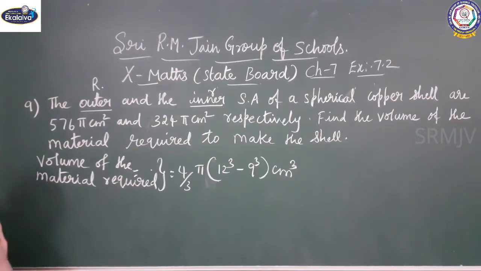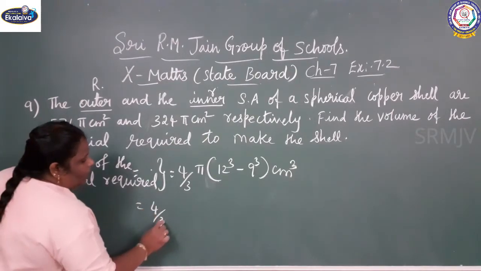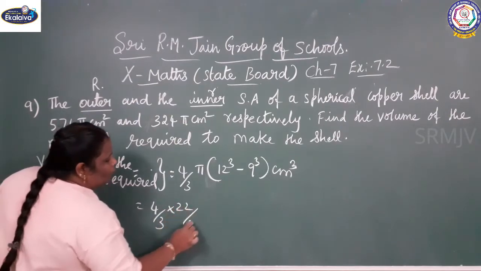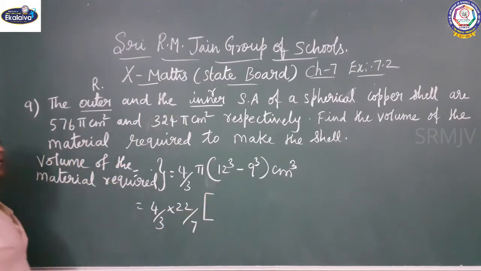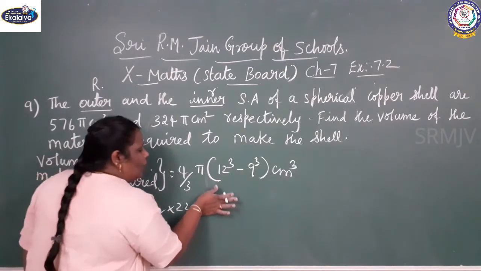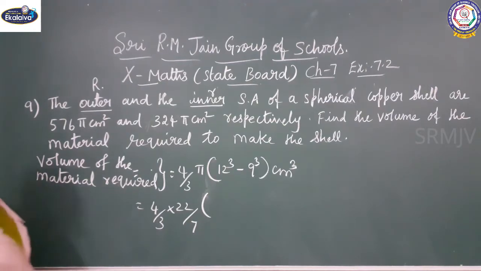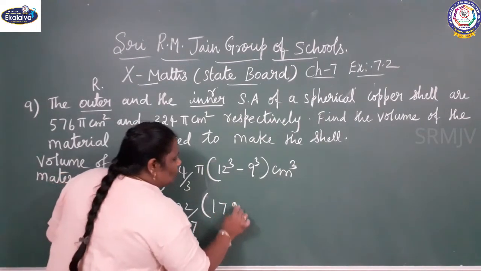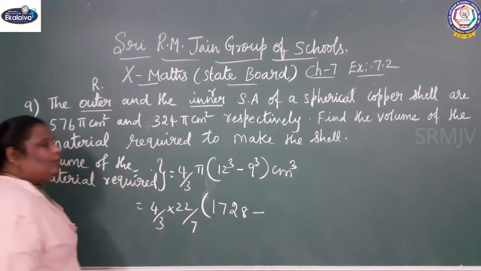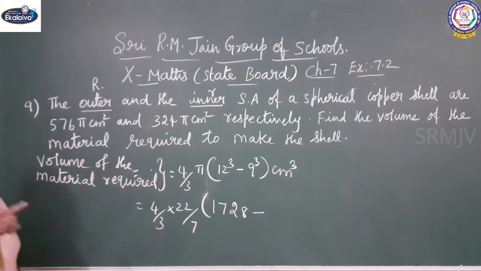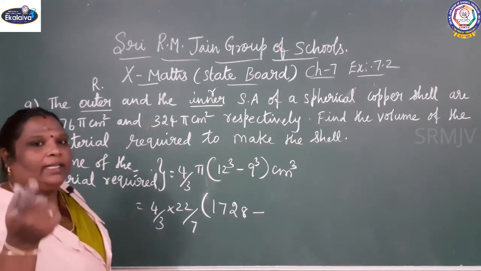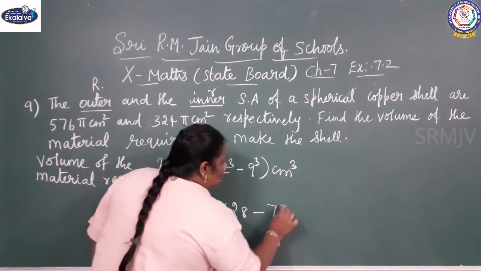See here, 4 by 3 into 22 by 7 into 12 cube. 12 12s are 144, 144 into 12 is 1728. Check the value in a rough column. 9 cube: 9 9s are 81, 81 9s are 729.